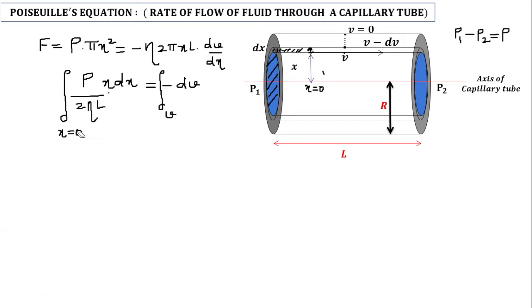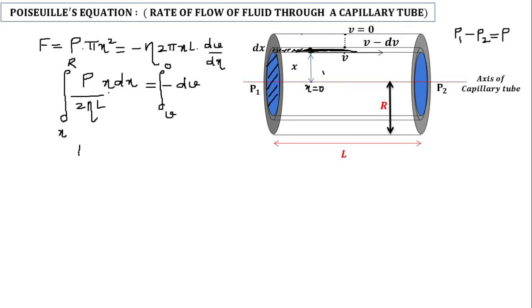Let's say here the value of x is x, because I have assumed the velocity is v here, so it becomes v for this layer of radius x. And when x becomes R, the velocity becomes 0. So let me explain this once again. When the radius is x, which is this layer I'm talking about, there the velocity is v, and when x becomes R, then the velocity becomes 0.